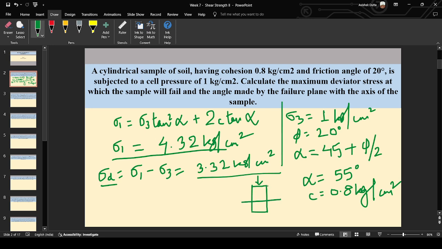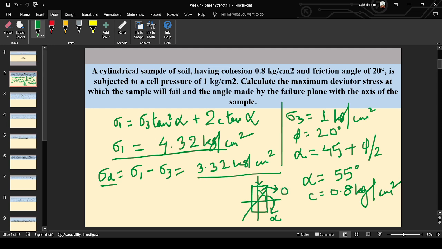If the sample fails like this, this angle is alpha, the angle made by the failure plane with the plane of the major principal stress. Now, we are asked to find out the angle made by the failure plane with the axis of the sample. The axis of the sample is this one, the vertical axis. So, we have to find this.